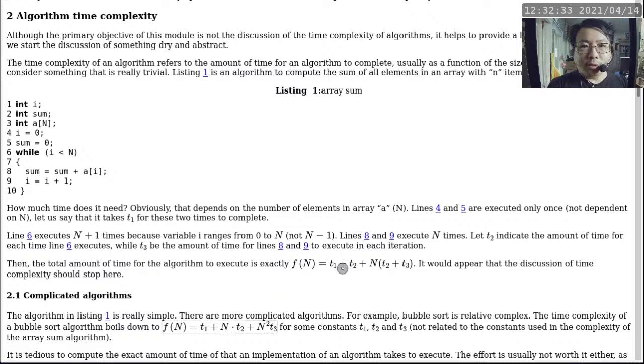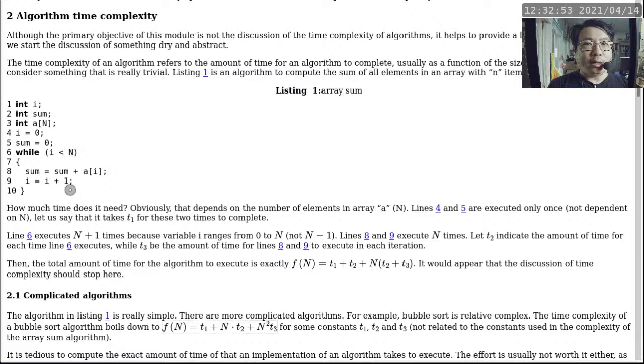The reason why you see T2 appearing twice is because it takes one extra comparison to exit the loop. Because the last time you evaluate, i is less than n needs to evaluate to false in order for the loop to exit.